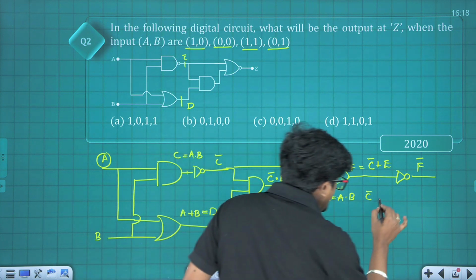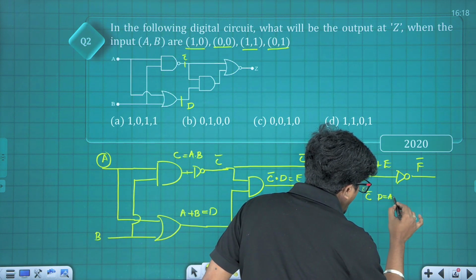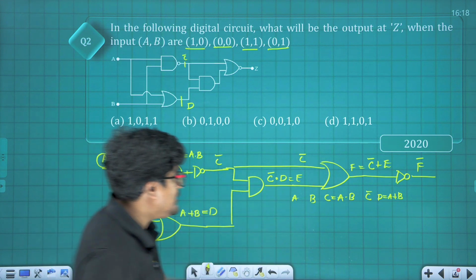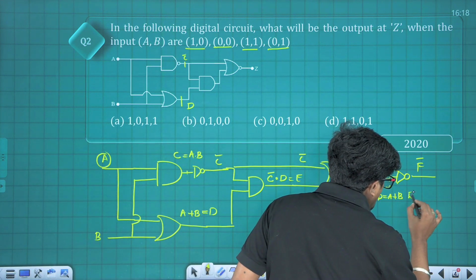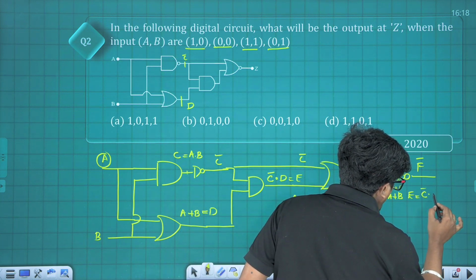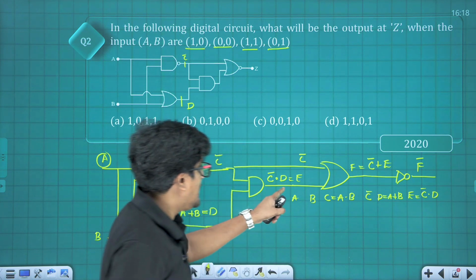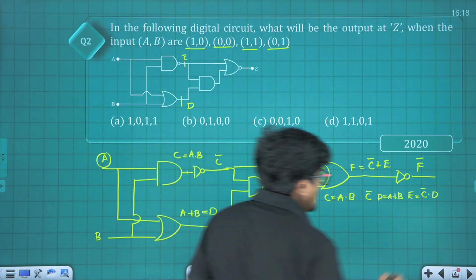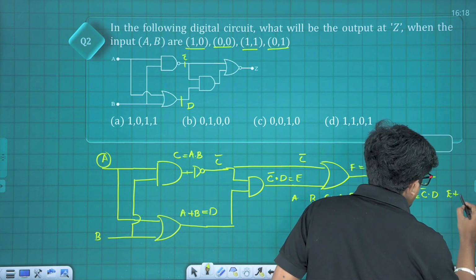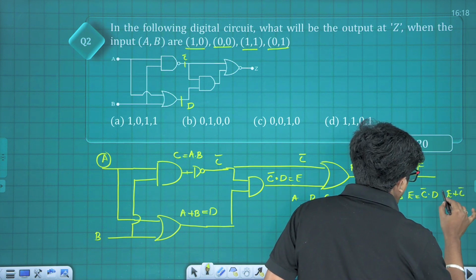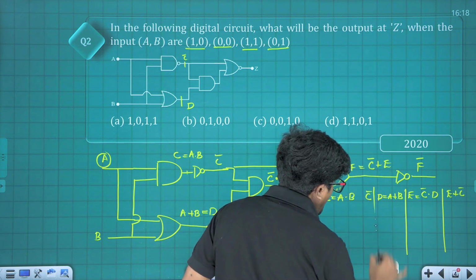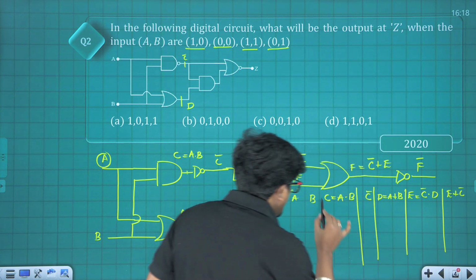Then I am having D, which is equal to A plus B. Then I am having E, that is equal to C dash dot D. That is E. Then I am having E plus C dash, and that is F, and the last one is inverse of that. So we will deal with that, no worries.